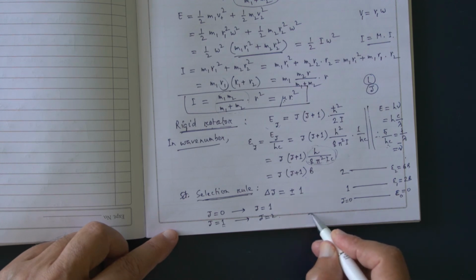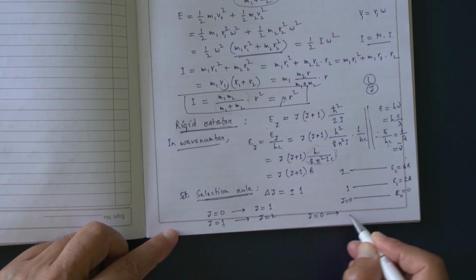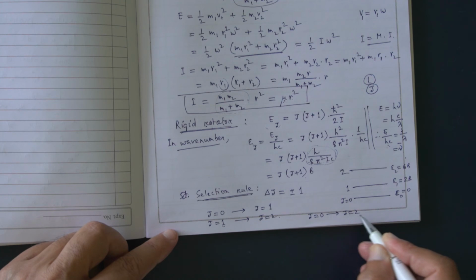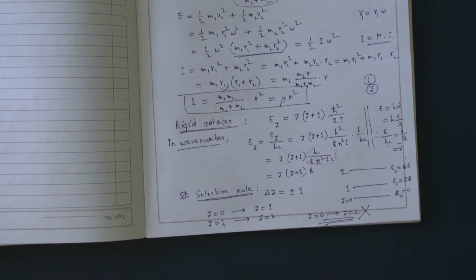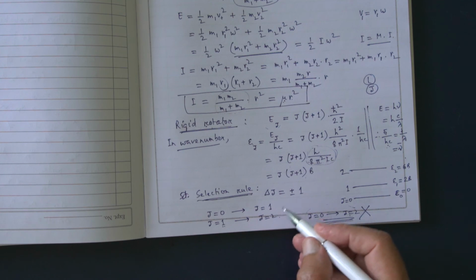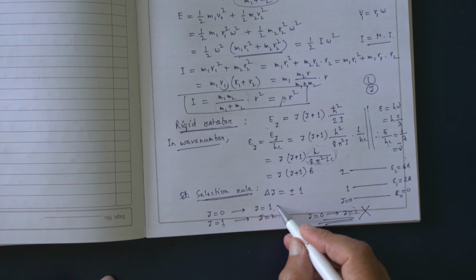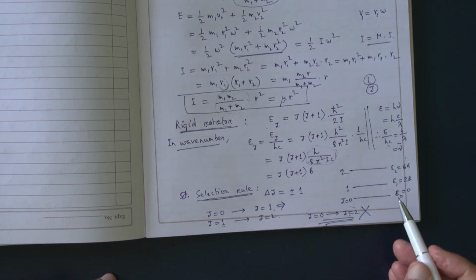But a transition like J equal to 0 to J equal to 2 is not allowed. Forbidden transition. So we are not going to calculate the energy for forbidden transitions. We are going to calculate the energy required for allowed transitions. Suppose this transition, how much energy is required?